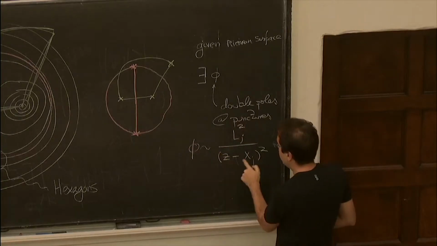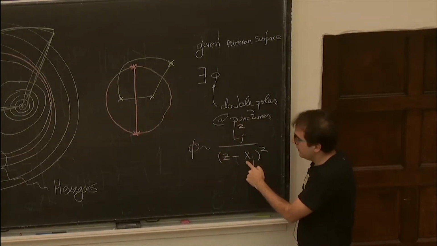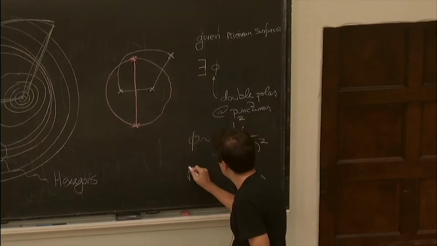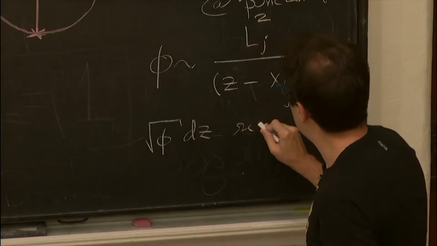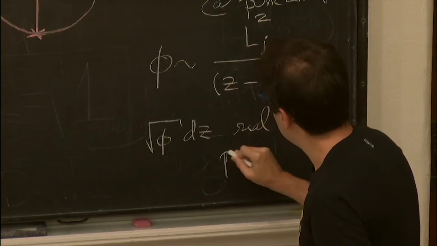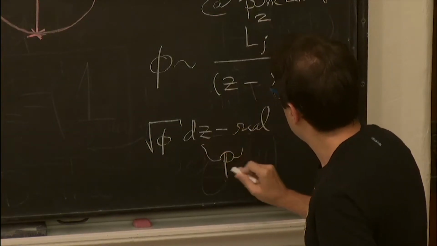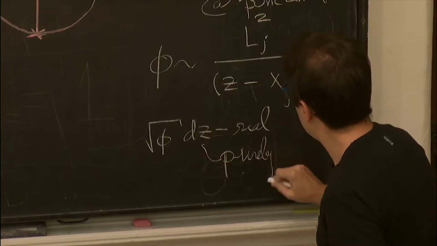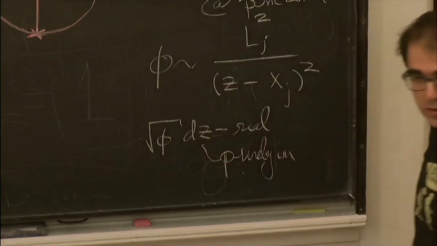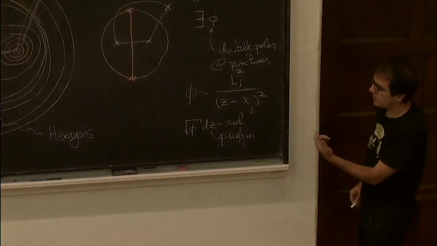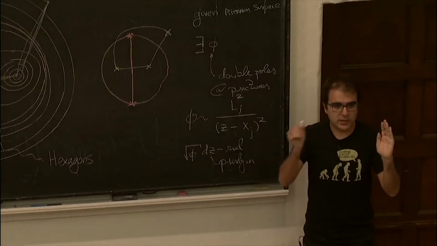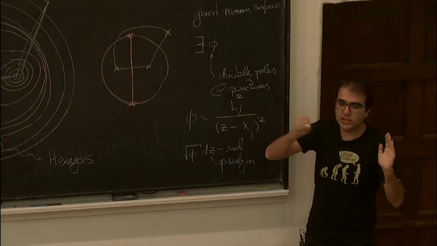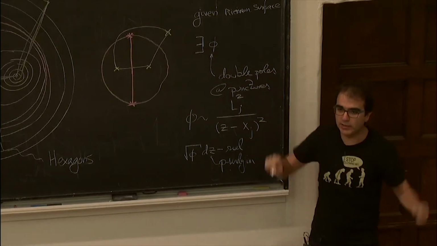Then if I zoom in close to each puncture, you see that there are lines where square root of phi dz is real and lines where it is purely imaginary. Okay? So for example, if I have just 2 punctures, this differential would be just 1 over z squared, and the lines where it's purely real and purely imaginary are just the sigma lines and the tau lines.